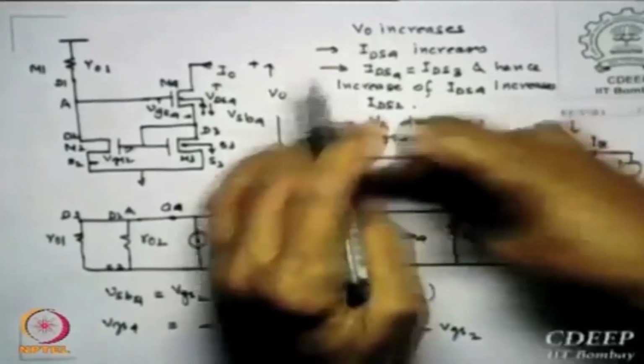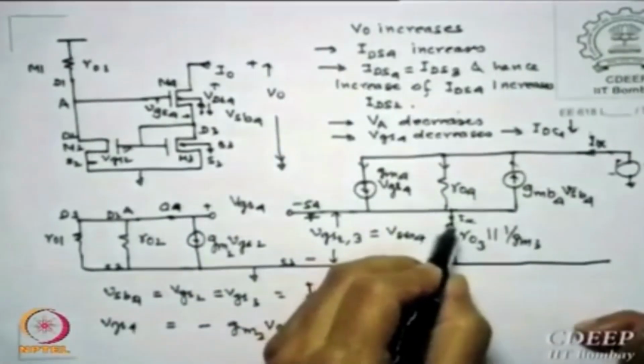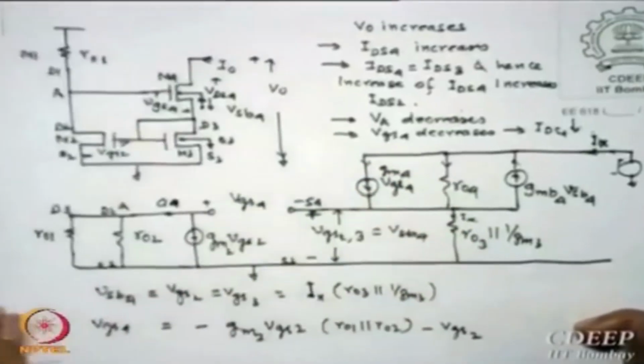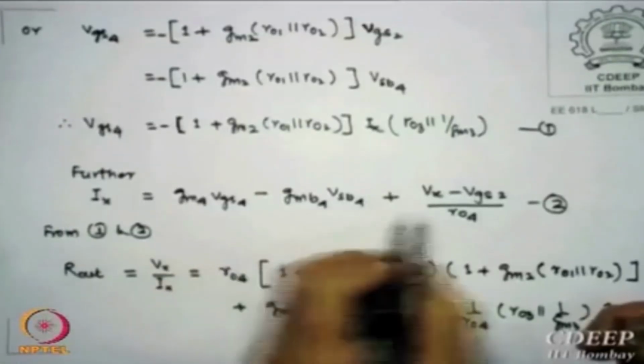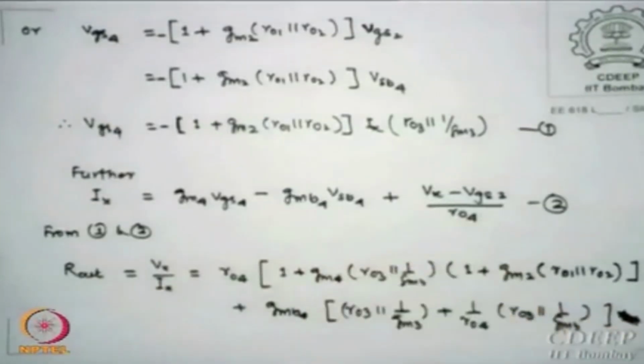This Ix is the sum total of these 3, because you can see Ix is coming from below, so all 3 must be summed up with proper signs. So I summed it: gm4 VGS4 minus gmb VSB4 plus Vx minus VGS2 divided by ro4 is the second equation.